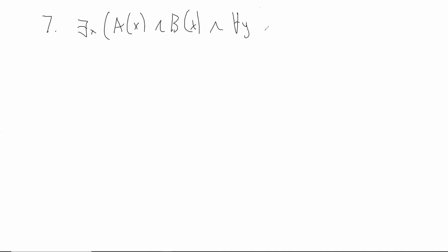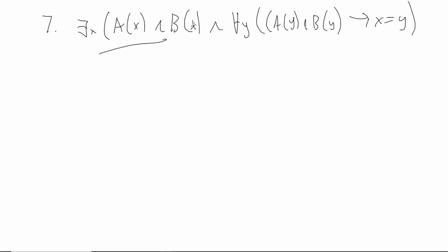So for all Y, if Y is an animal in Farmer Brown's field, then Y is X. This says that there's an animal in Farmer Brown's field. That's the first bit. This bit says that the animal is unique. And it says the animal in Farmer Brown's field is not a horse. And it's not the case that this unique animal is a horse. That's what we get.